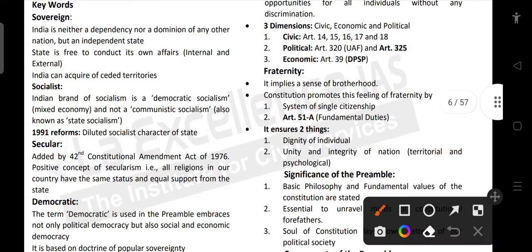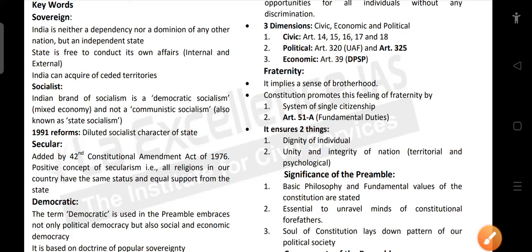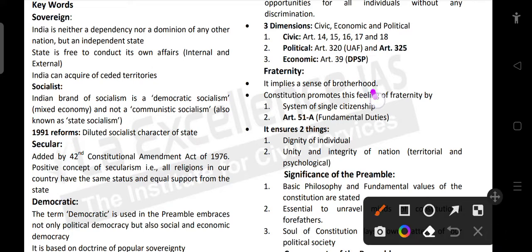Now the next term is fraternity. This is a kind of brotherhood, right? It implies a sense of brotherhood. The Constitution promotes this feeling of fraternity by single citizenship. We have single citizenship as Indians. We do not have separate state citizenship for each state, Maharashtrian or Tamilian or Keralite.